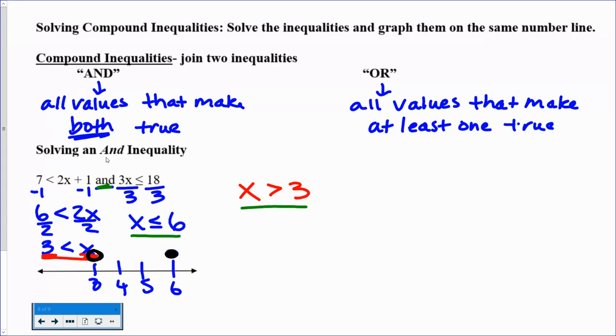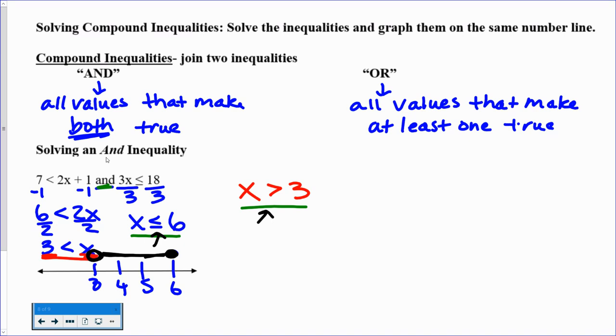Okay, and so since x must be less than or equal to 6, but also greater than 3, it's covering all of those values in between there. Okay, because that would satisfy both of those. Now, if I go smaller than 3, that would only satisfy this inequality. If I go larger than 6, it'll only satisfy that inequality. So it's going to represent all the answers in between.